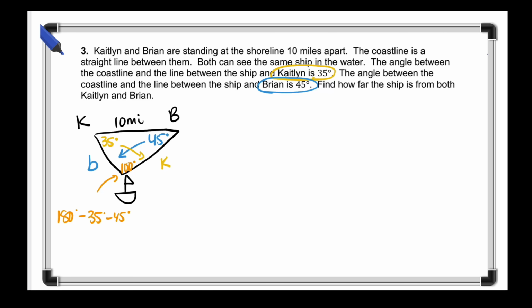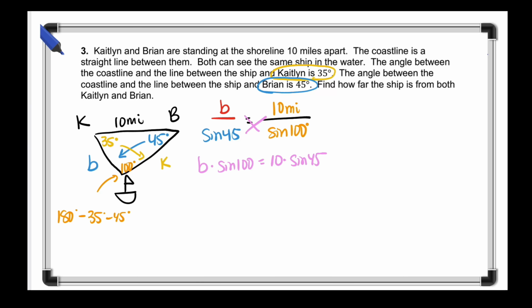Okay, so let's start with side B. Side B is opposite of the angle 45. So that's the sine of angle 45, and that's going to be equal to what we know is 10 miles, and that is opposite of the angle 100. So the sine of 100. We can again cross multiply. So you have B times sine 100 equals 10 times sine 45.